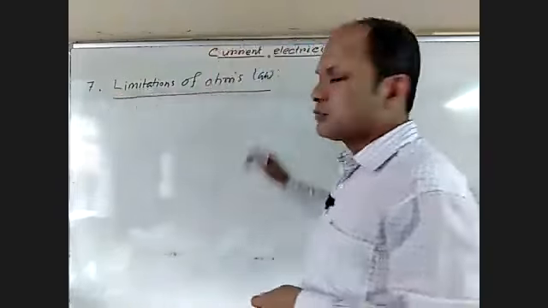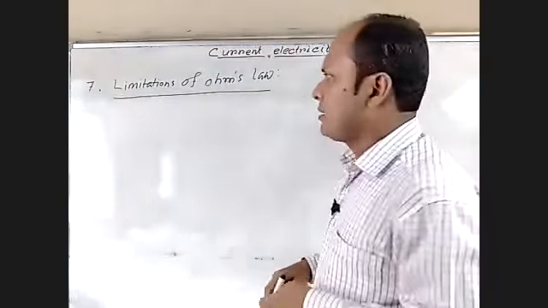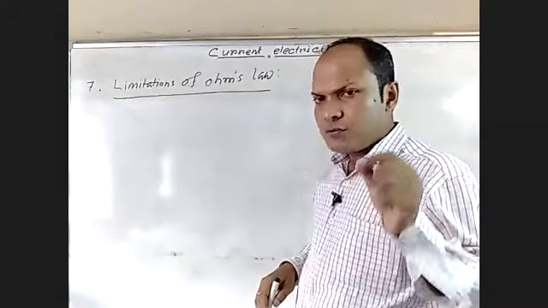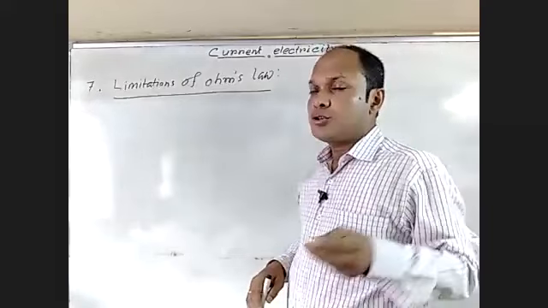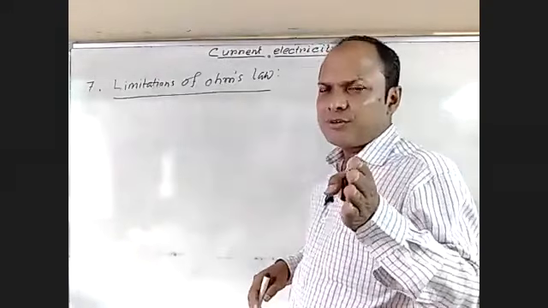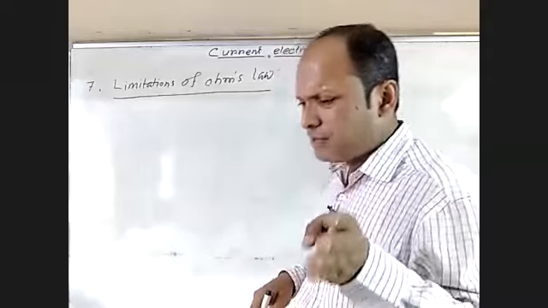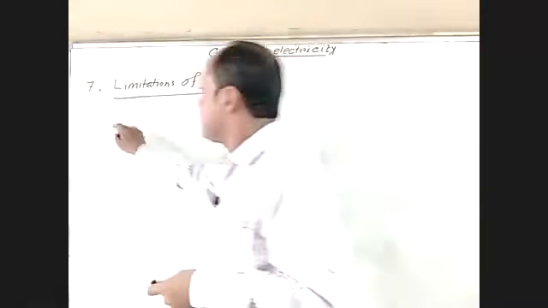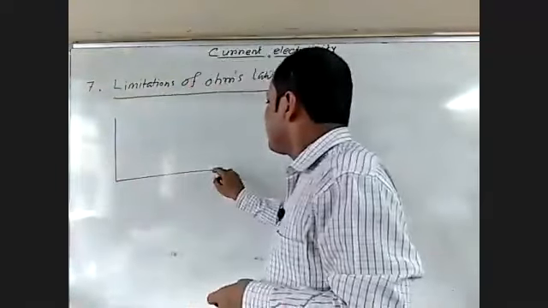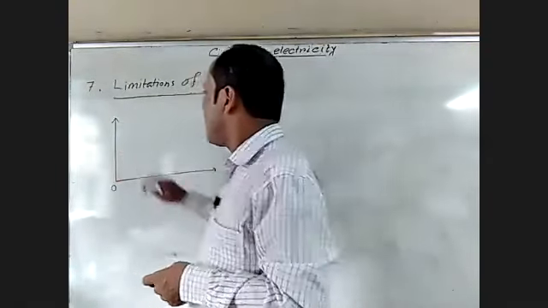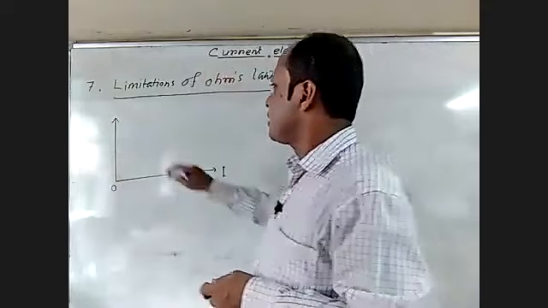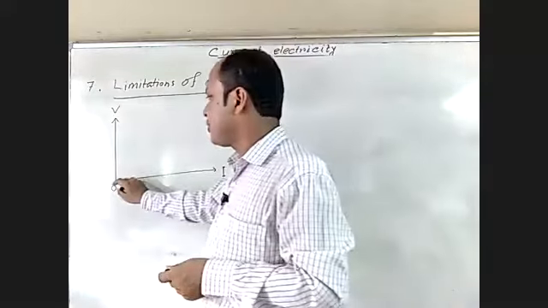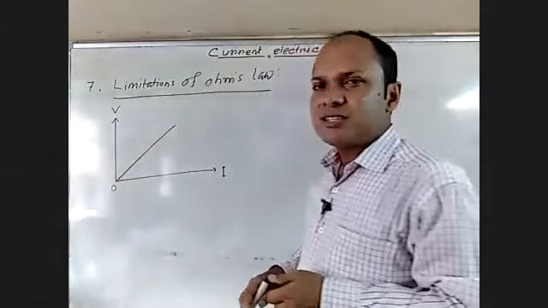Limitations of Ohm's law. According to Ohm's law, in the experiment we have done in class, the verification of Ohm's law, we drew a graph between potential difference versus current. We observed that if you apply a potential difference across the two ends of a conductor, then the current flowing through it changes in that way.